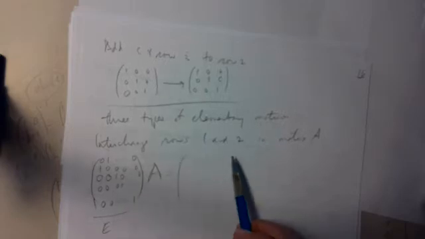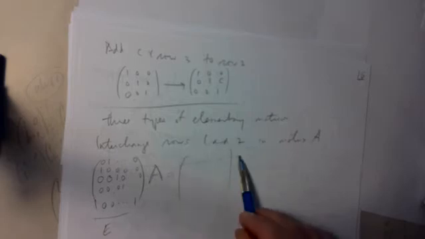What happens when you multiply that times A? Well, we just observed that every row vector times a matrix is a linear combination of the rows of the matrix. How do you get the first row of the matrix of this product? You multiply the first row into A. That's a linear combination of the rows of A, but this means 0 times the first, 1 times the second, and 0 times all the rest.